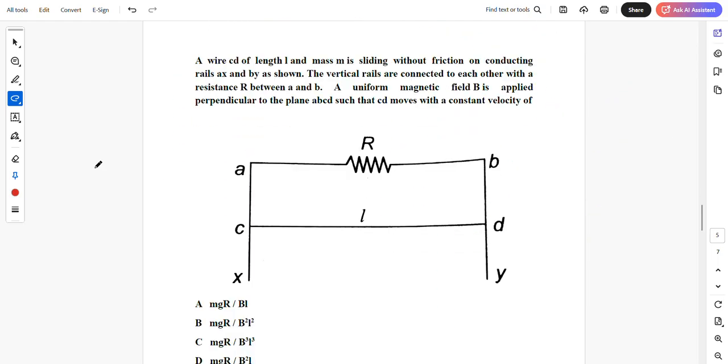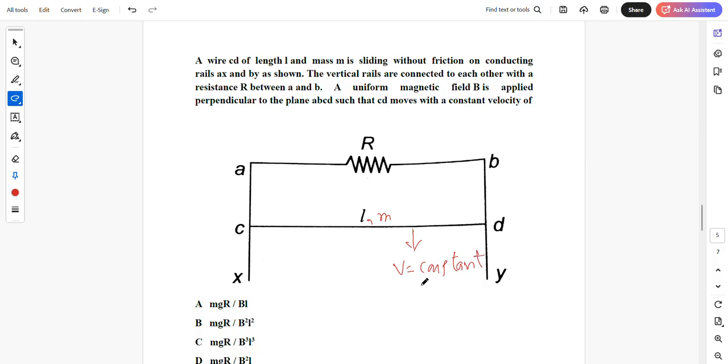Next problem: a wire CD of length L and mass M is sliding without friction on conducting rails AX and BY. The vertical rails are connected to each other with a resistance R between A and B. A uniform magnetic field B is applied perpendicular to the plane ABCD such that CD moves with a constant velocity.